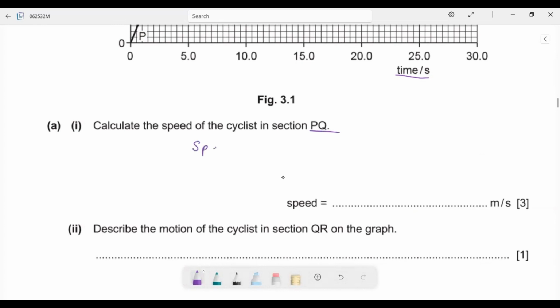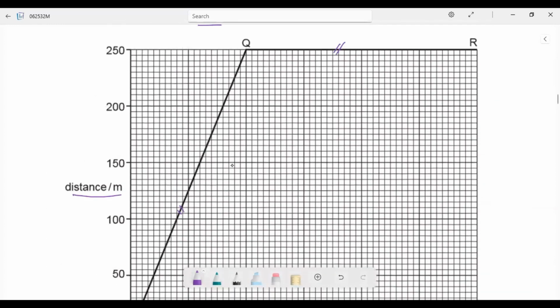Speed can be written as distance by time. Here distance is given, time is given. We can take it from the graph during PQ. So this is the section. So what is the distance? That is 250. Distance is 250. And the same way time. You can extend this line.